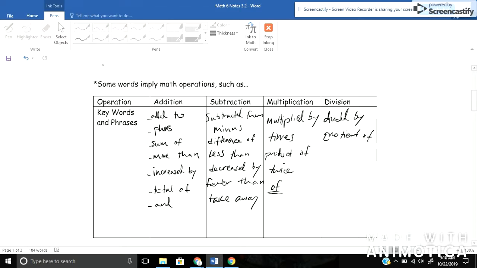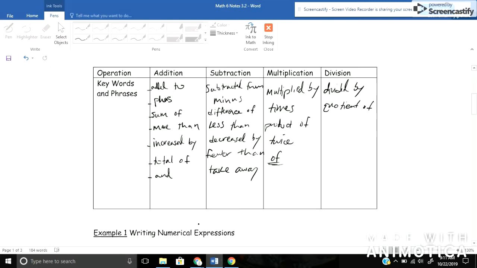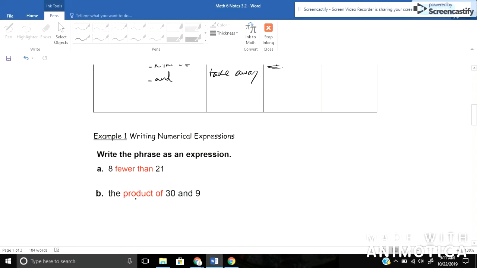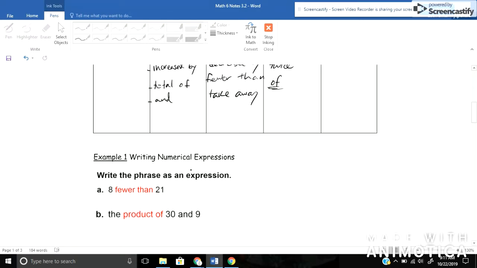But we're going to use these key phrases to determine which operation we need to use when we have to take these algebraic expressions and turn them into more of a mathematical expression or simplify it. I like to say going from an English sentence to a math sentence, and it's nice because it's almost like abbreviating if you can use your keywords.